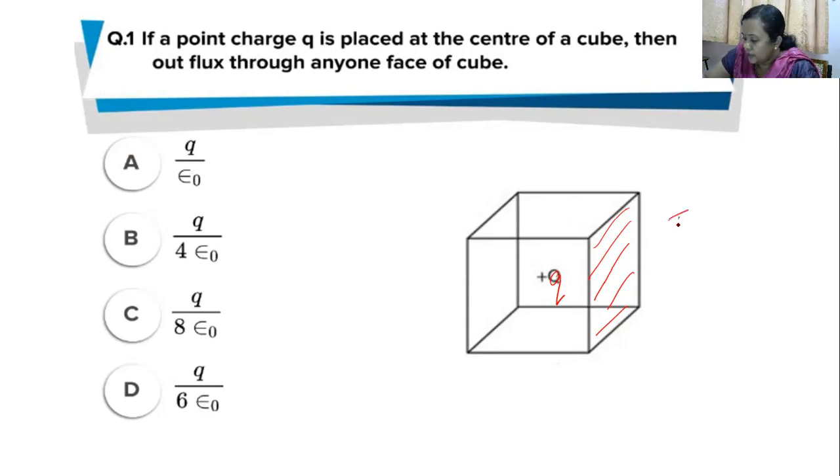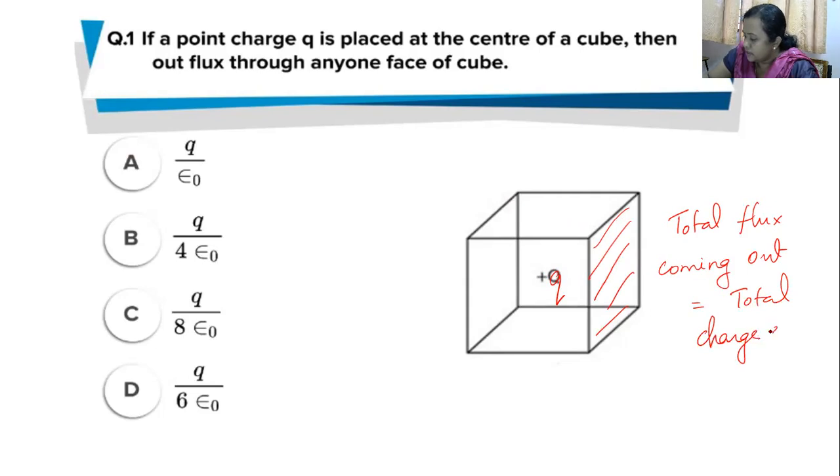We know that the total flux coming out is equal to the total charge enclosed.